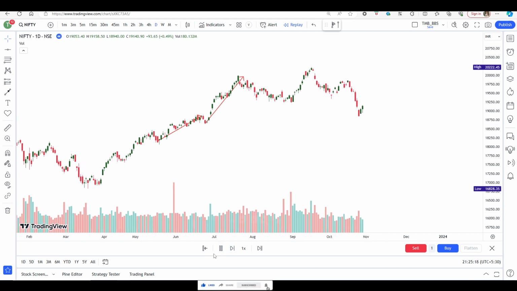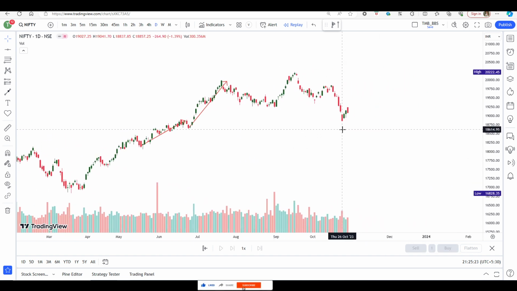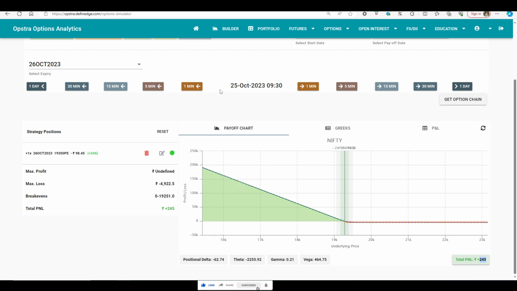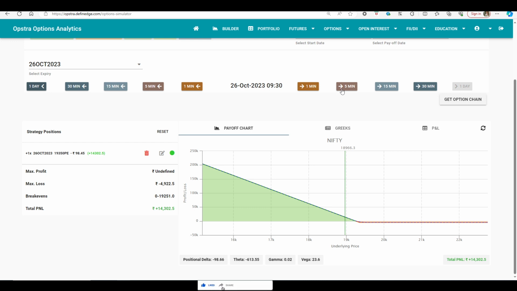This is the bearish bias on 26th October. Let's go to the 25th. Okay, 26th October by 3 o'clock.